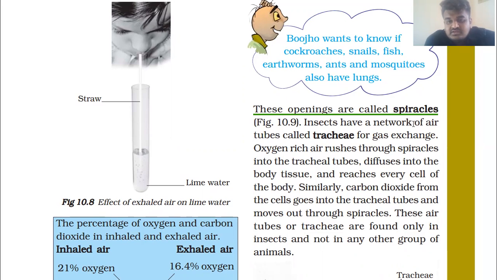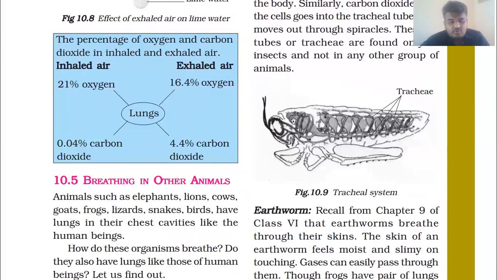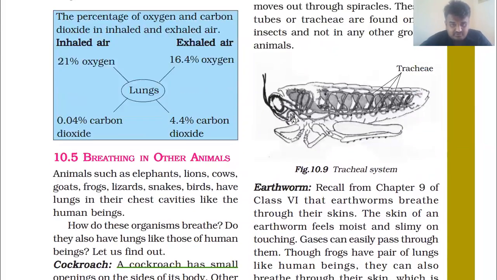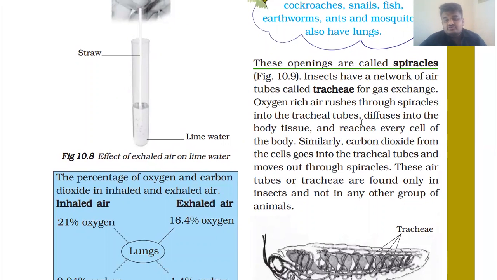Insects have a network of air tubes called trachea for gas exchange. They are naturally given this trachea for gas exchange, simply air exchange. Oxygen-rich air rushes through the spiracles, the openings given at the side of the body, into the tracheal tubes.